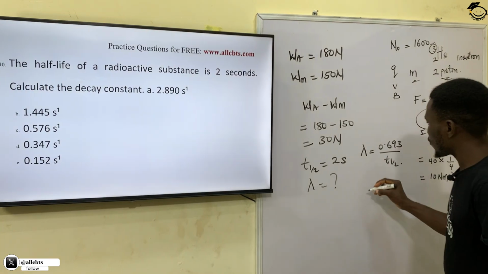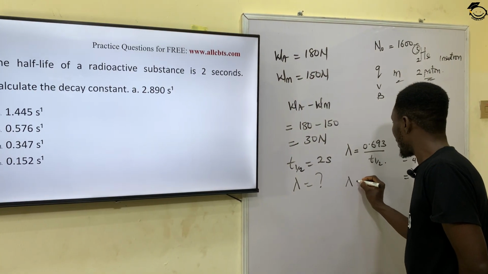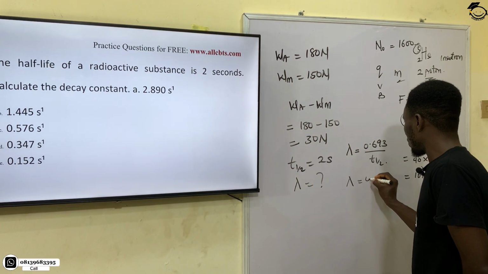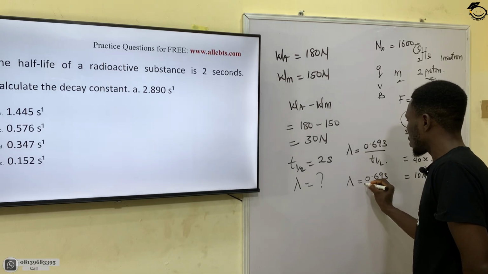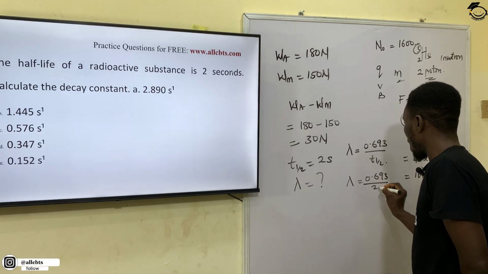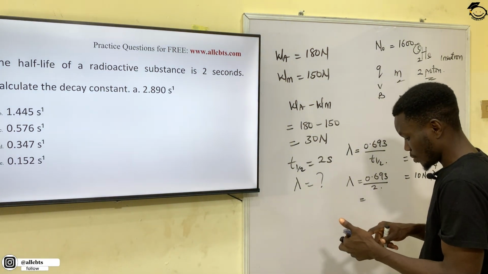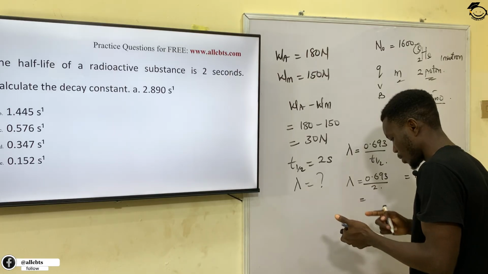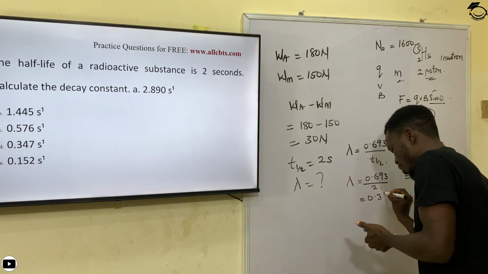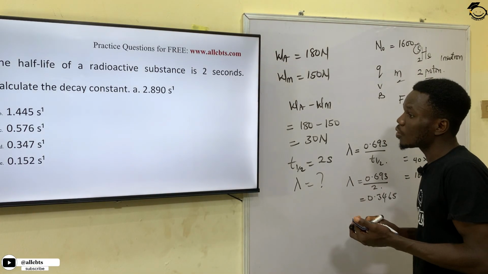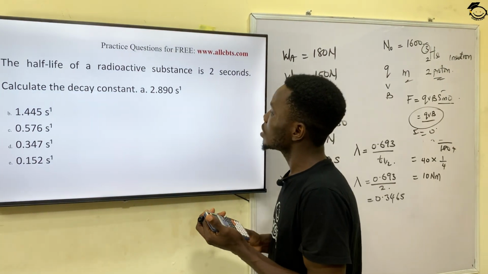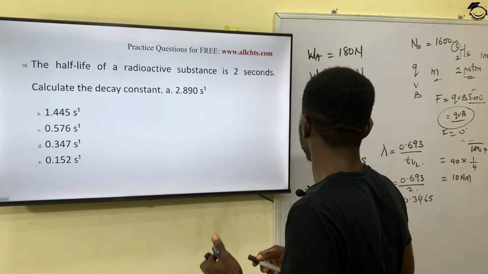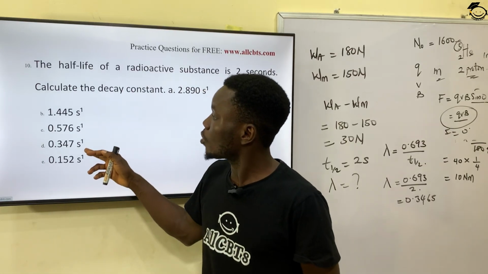So it means therefore that my lambda is equal to 0.693 divided by 2, and that will give me 0.3465. So it means that my decay constant is 0.347 approximately, which is what?